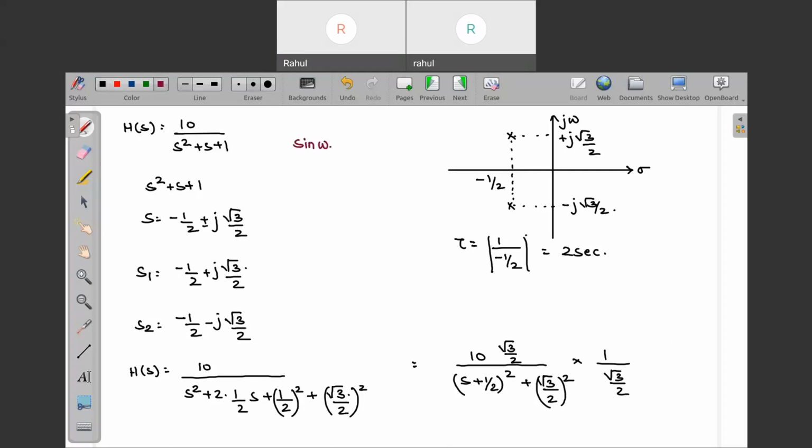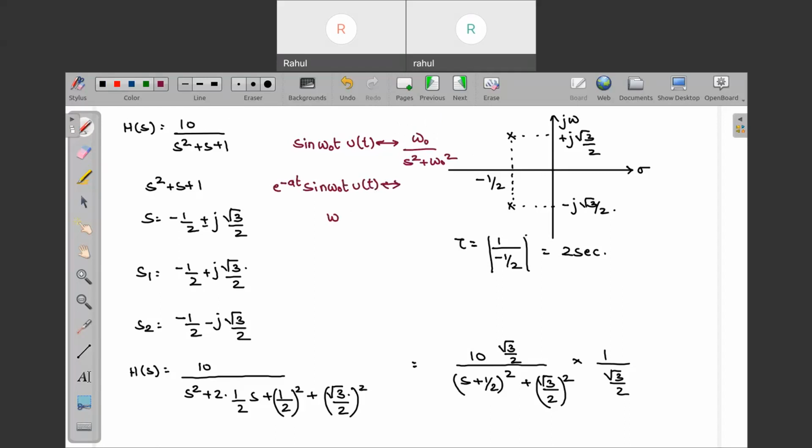Sine omega naught t u(t) has Laplace transform omega naught divided by s square plus omega naught square. And e to the power minus a t sine omega naught t u(t) has Laplace transform what? Sorry, so this will be omega naught over here.